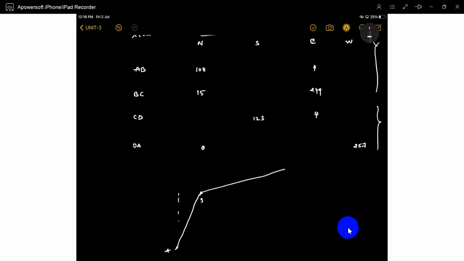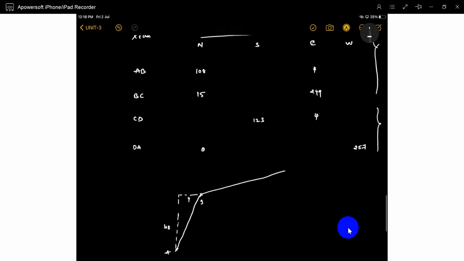Understood? You can maintain a simple diagram. Say it is 4, it is 108. That's it. So BC, it's 15, it's 249. I will give a simple diagram.